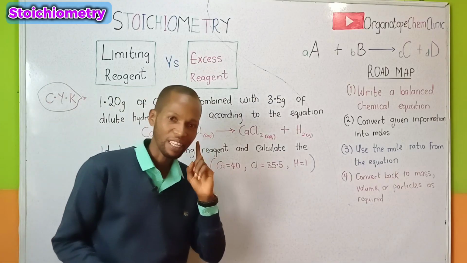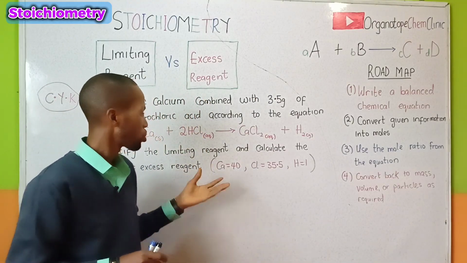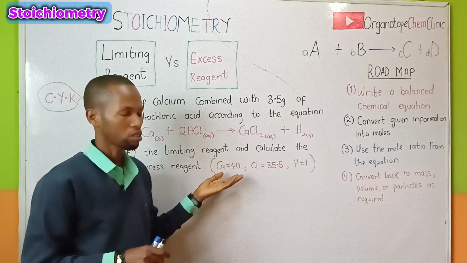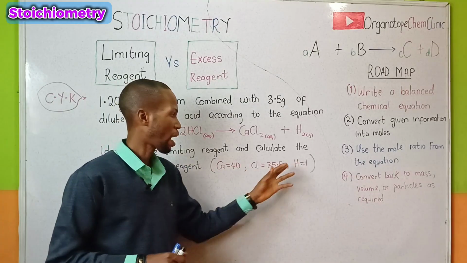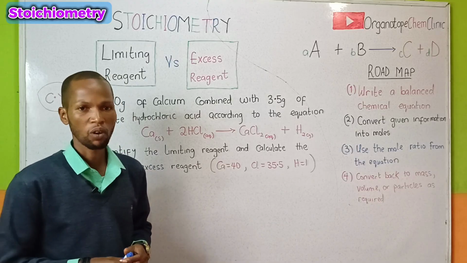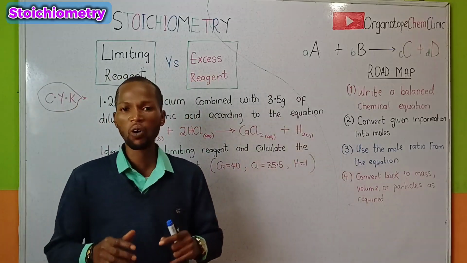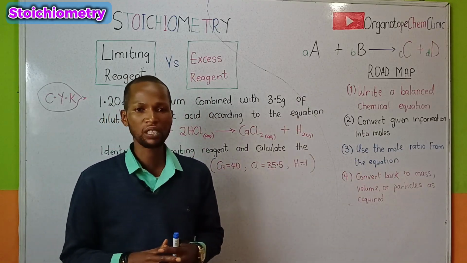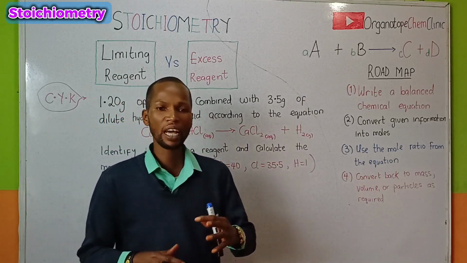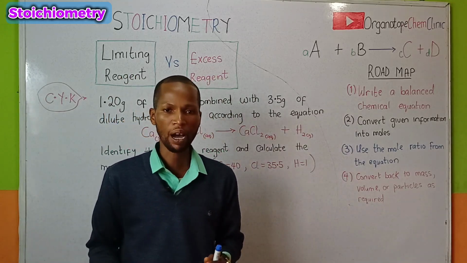So we have the atomic masses right here: calcium 40, chlorine 35.5, and hydrogen 1. Remember that in stoichiometry of reaction, we have to focus on the reacting mass of the reacting species, but without the molar mass, we cannot determine the reacting mass.